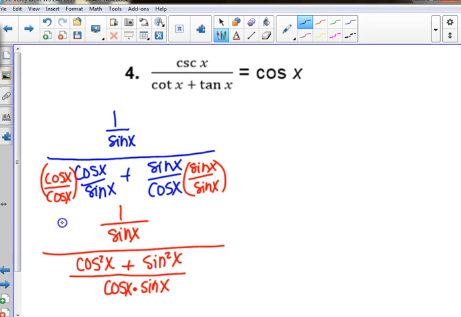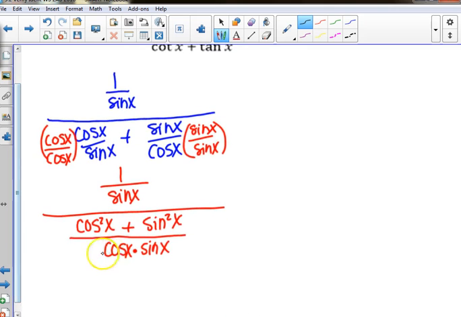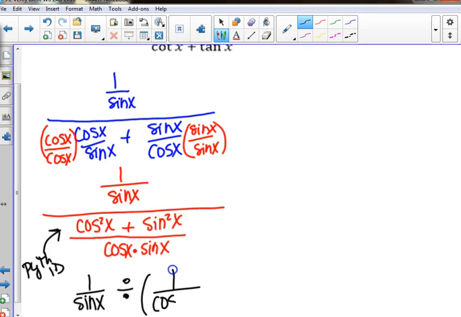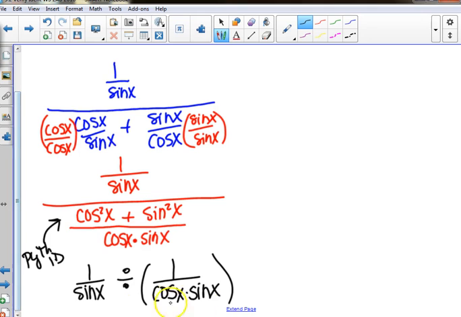Now things are looking kind of peachy, I think, because what is the top going to become? Okay, this is a Pythagorean identity. So we end up with 1 over sine being divided by, and I'm going to write it this way this time because I'm going to flip it in a second, 1 over cosine times sine. And then what do I do when it says divide?